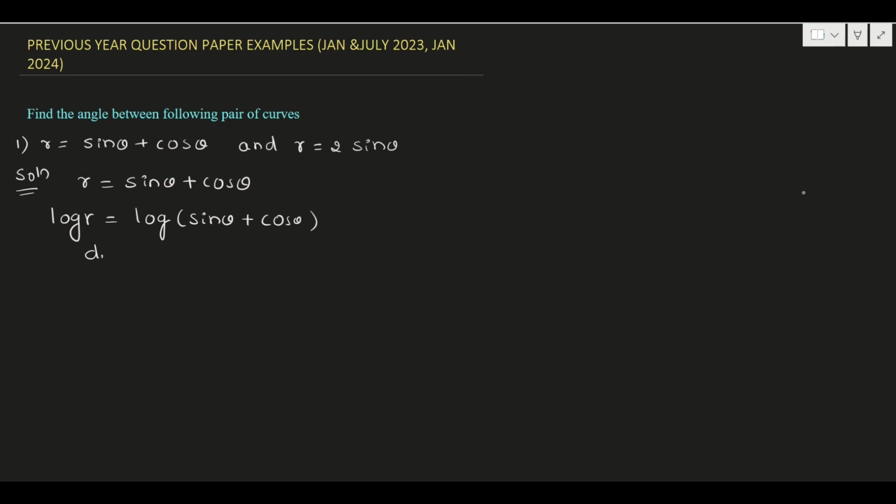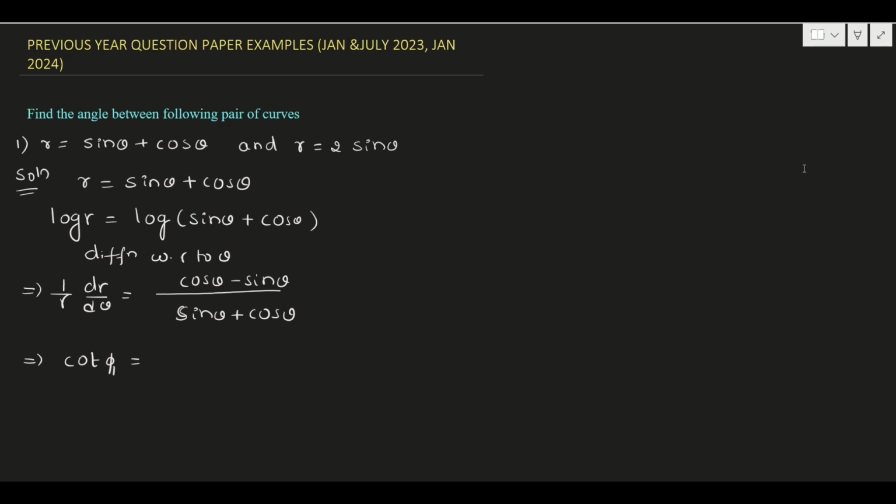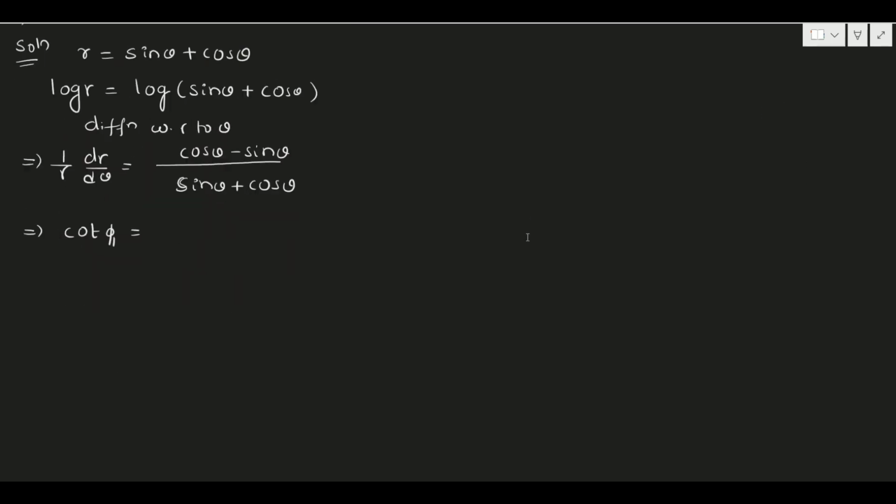So when you differentiate with respect to theta, on the LHS we get 1 by r dr by d theta, and on the RHS the differentiation of log x is 1 by x, so 1 by (sin theta + cos theta) into (cos theta - sin theta), since differentiation of sin is cos and of cos is minus sin. The LHS is cot phi 1, since we have two curves, we denote it by cot phi 1.